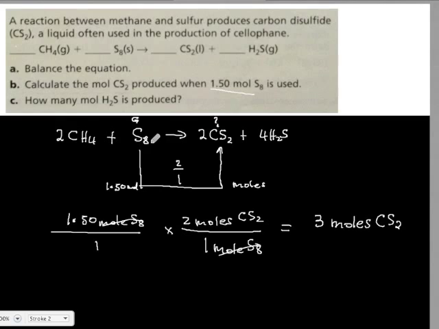Let's just go ahead and create another rectangle, and it's here. Again, you start out with 1.50 moles of S8, and this is 1.50 right here, and you stop right there.